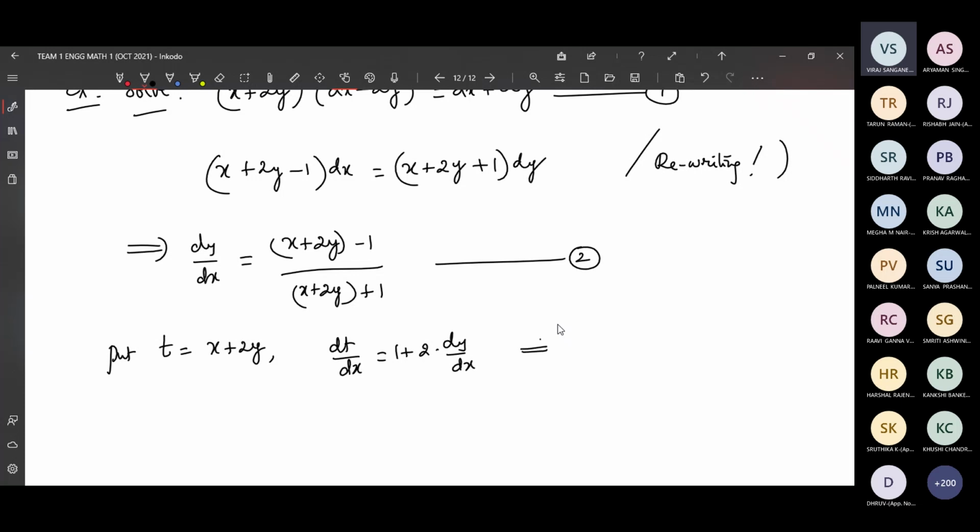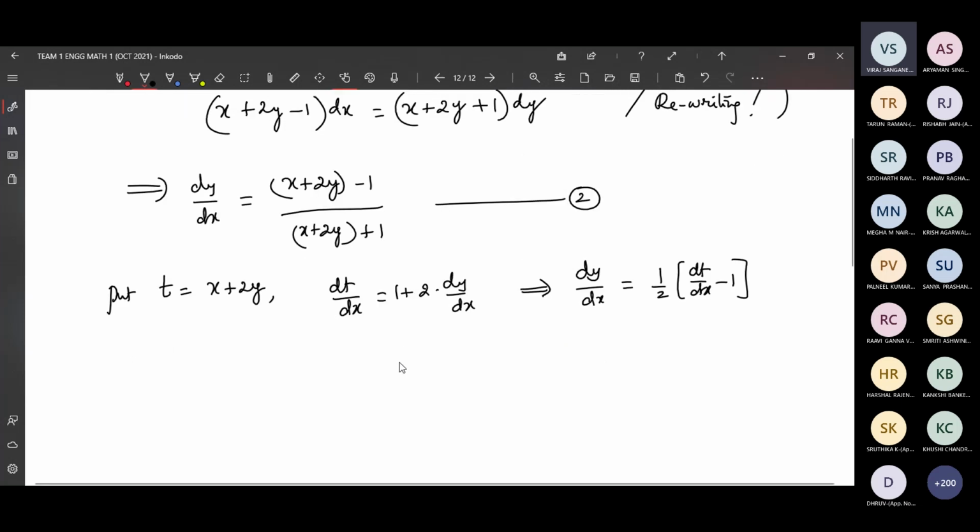So ultimately the left hand side dy by dx becomes half, dt by dx minus 1. I'm just taking whatever is common in the numerator and the denominator as t.